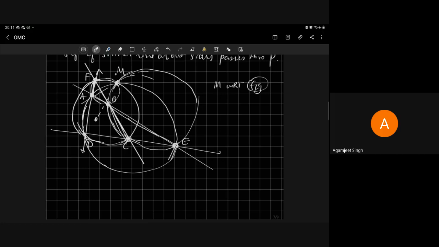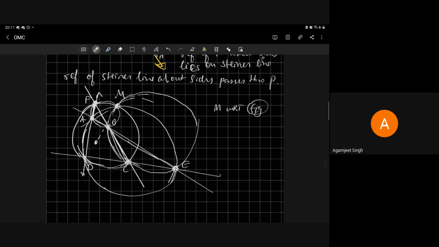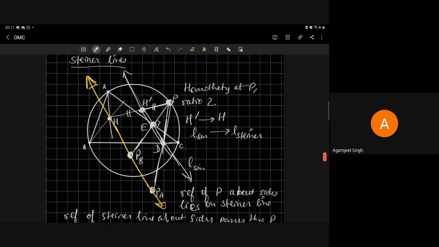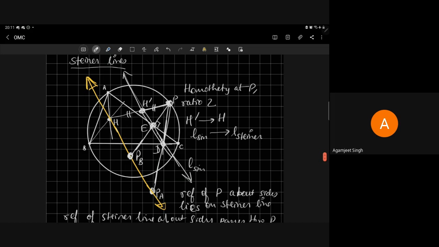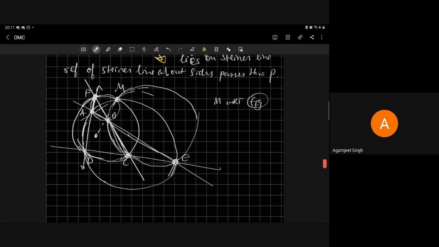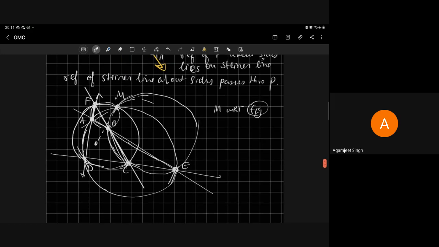Did you understand that the Steiner line of P is obtained by reflecting P about the sides and then joining them? Yeah. So here, if you reflect M about all four sides, there are four lines here. If you reflect M about four lines, you get four new points.